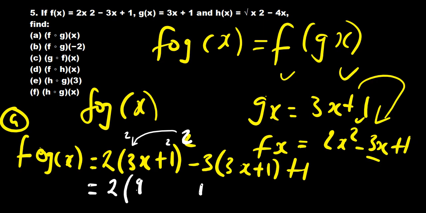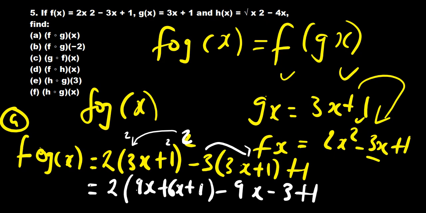So this is 9x squared plus 6x plus 1. Minus, on the other side, if we do our multiplication, negative 9x, negative 3 multiplied by the 1 there gives negative 3, plus 1 at the end. Let's solve.